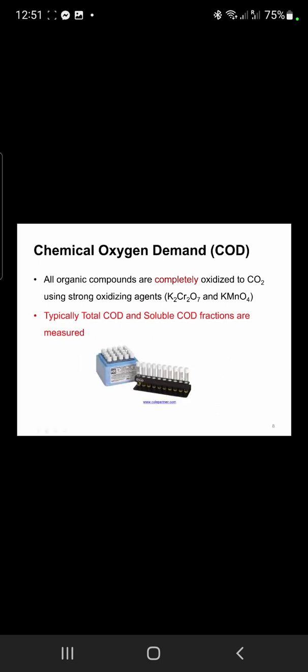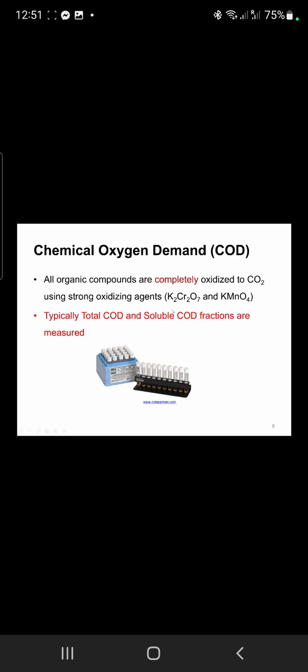So we have this little kit. I'm not sure if you have seen it before. In Canada, especially at U of A, and I think across Canada, we use HACH or Chemetrics. They provide a kit for COD. In some labs they prepare the oxidizing agent by themselves.